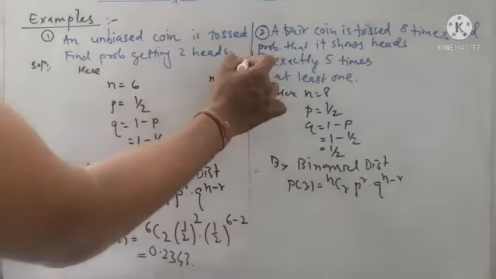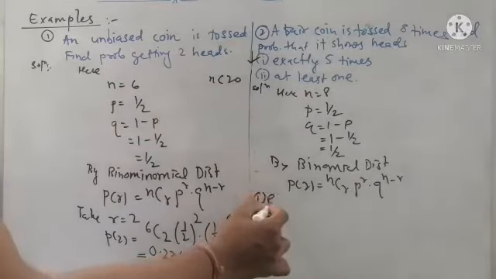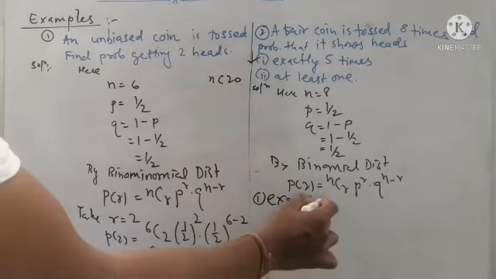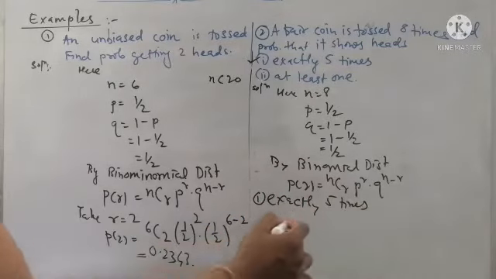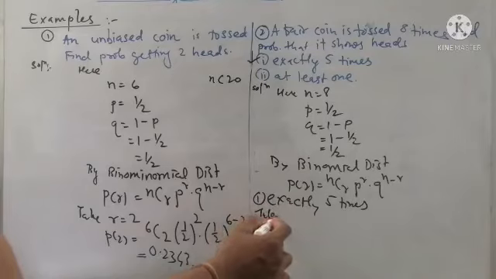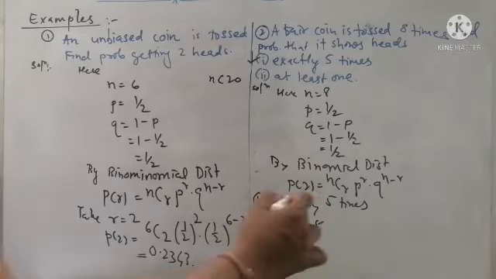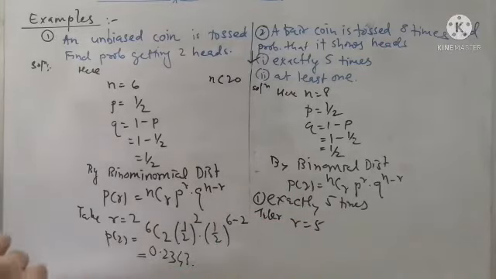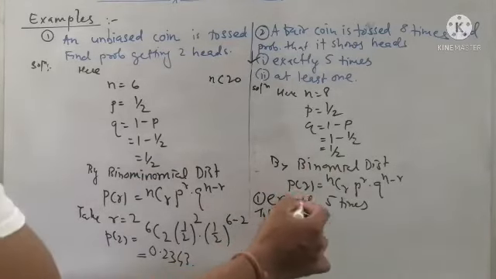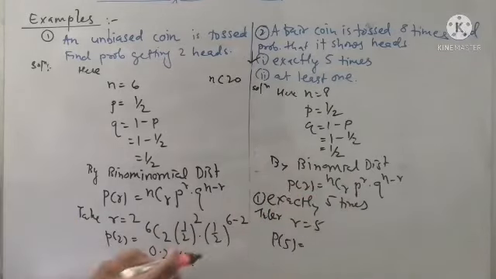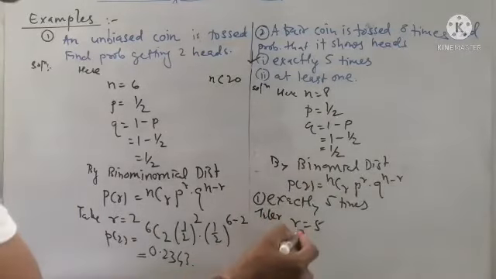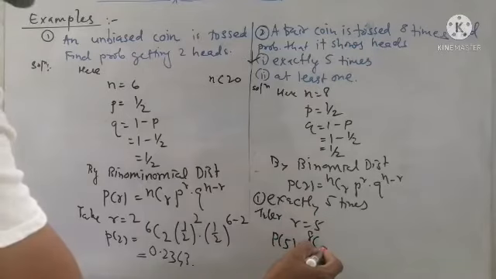Now we have to solve first for exactly 5 times. That means we take r equal to 5, as exactly gives us equality here. So P of 5 is equal to, by putting r equal to 5 in this formula, as n is equal to 8, the first term will be 8C5.